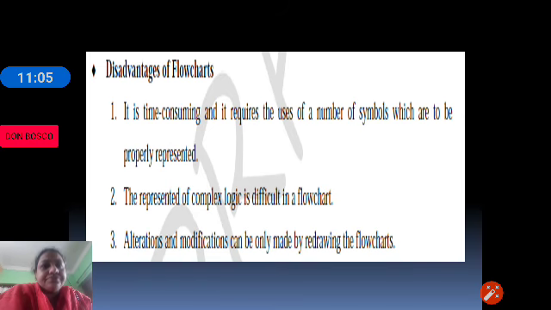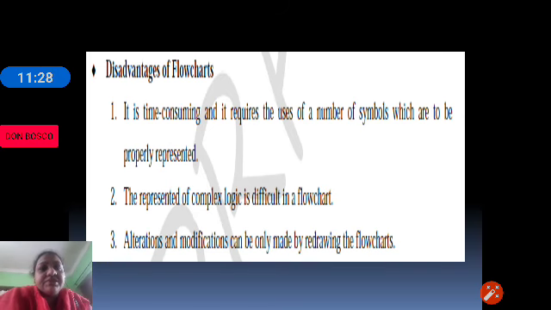So now let us have a look at the disadvantages of flowcharts. The first disadvantage is that it is time consuming. Time consuming means it takes a lot of time to draw the symbols, the different symbols used in the flowchart.